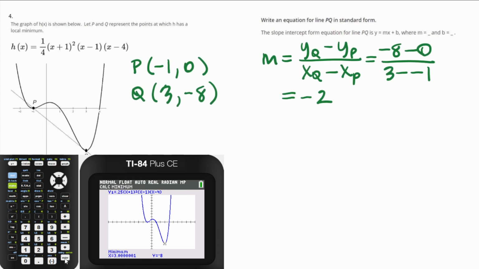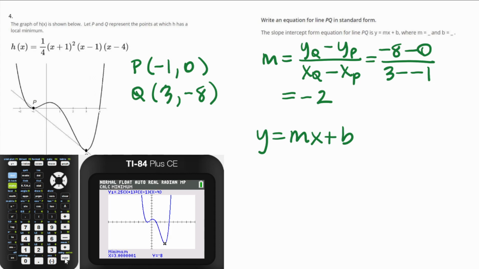And then to compute b, I've got y equals mx plus b. I know that two points on this line are p and q. I could choose either one of them to plug in. I think I might just choose p, though, because I'm a little more certain about that. We know that corresponds to that double root on the graph of h.